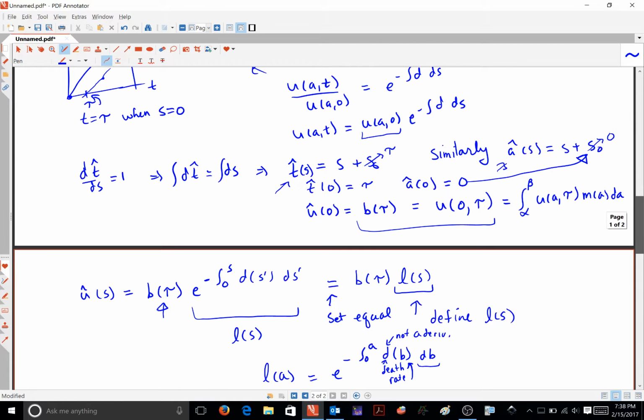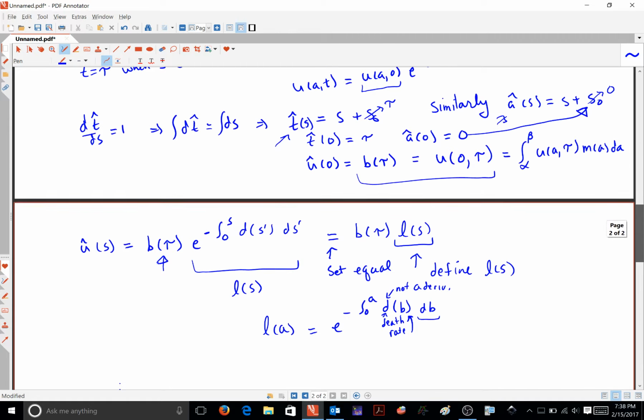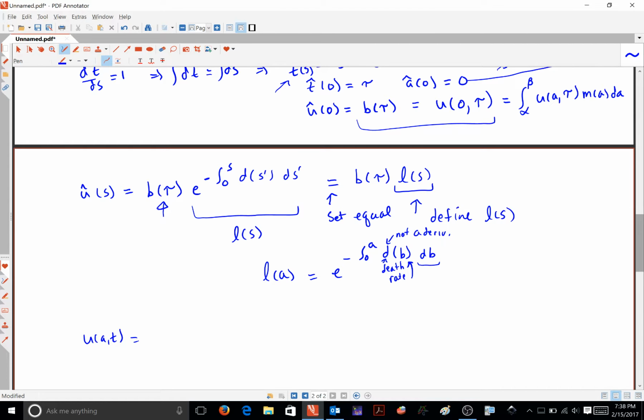No, I didn't. The tau is our parameterization for when s equals 0. That came when s was equal to 0. We said that that was the tau. Well, if you want it just in terms of a and t, then you just have an a minus t as the shift on it. So, let me see.